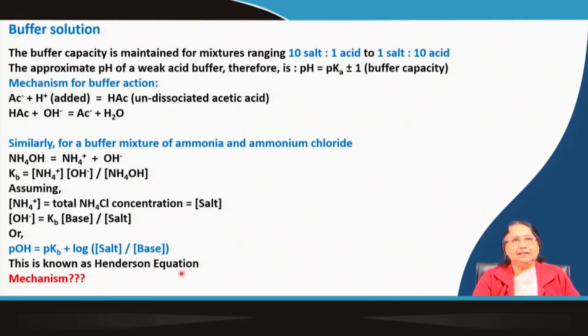This is also the Henderson equation, and the mechanism will be the same as explained in the case of acid. If you add H plus, what will happen, and if you add a slight amount of OH minus, what will happen? This will be very similar to the previous case.